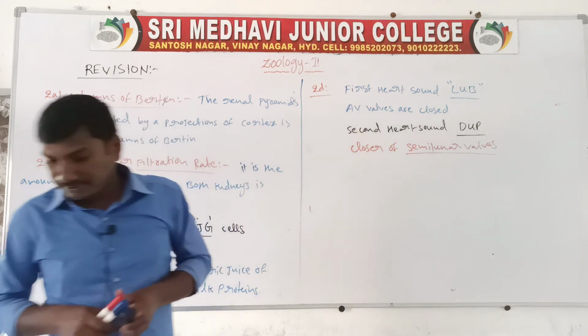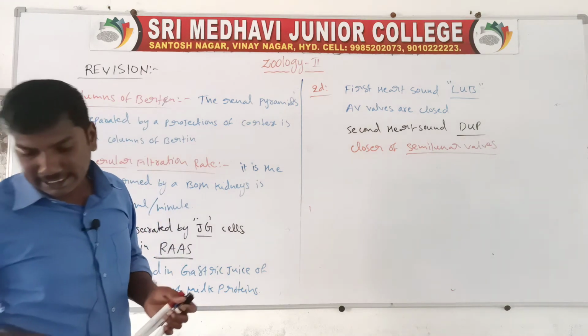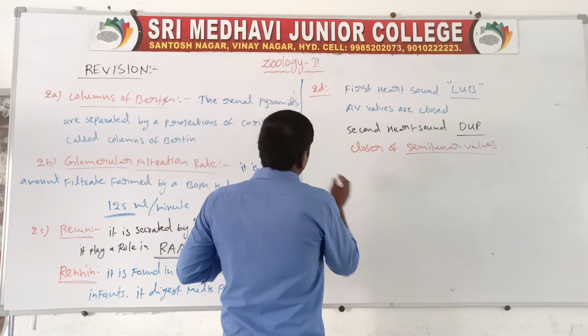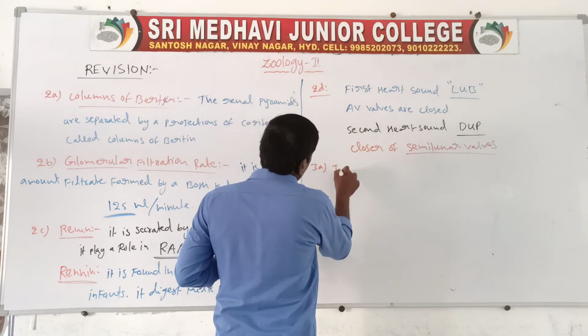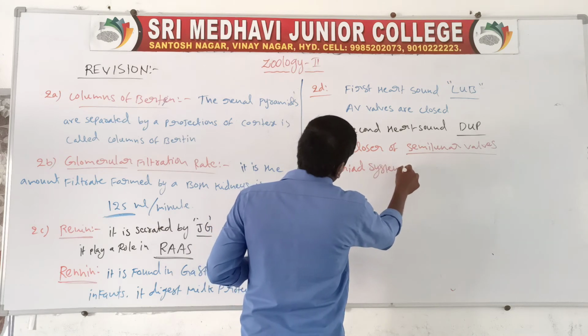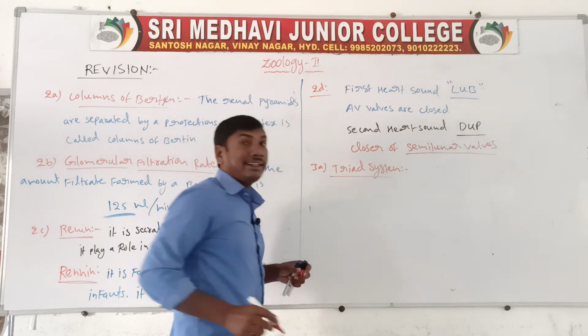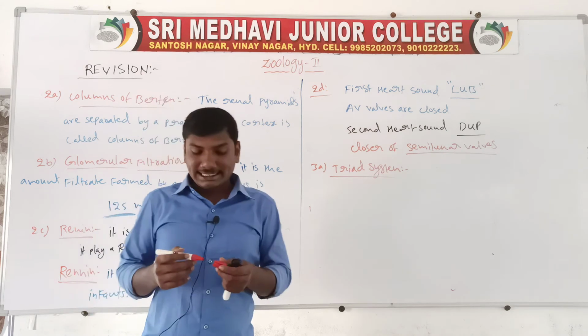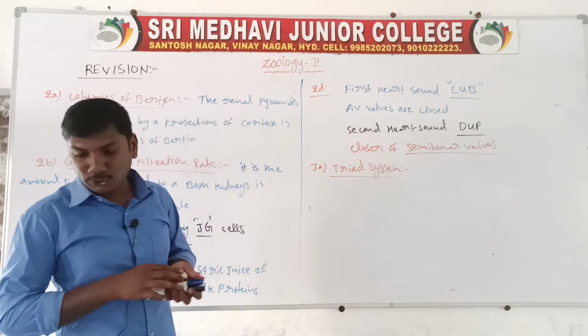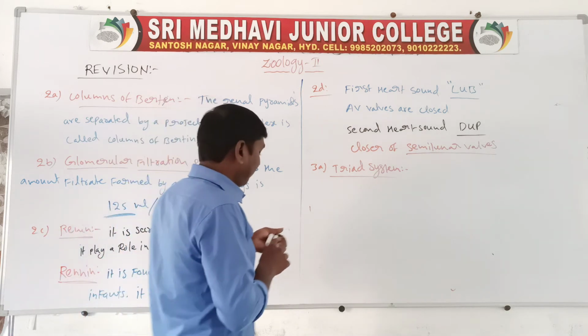Next one, what is the triad system? The T tubule and the terminal cisternae on either side.